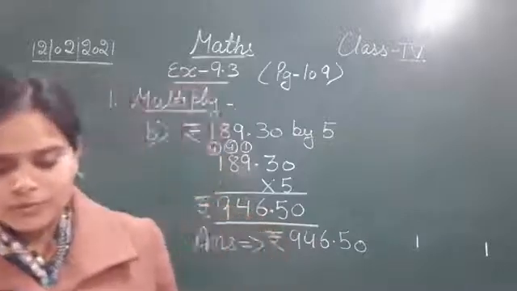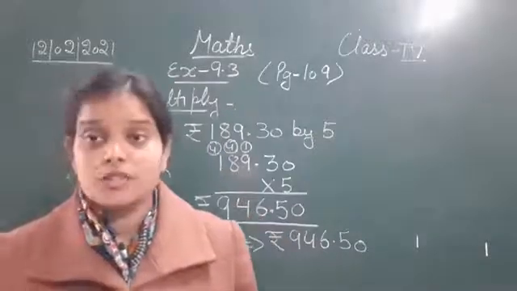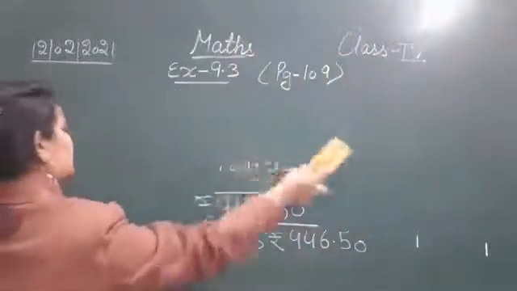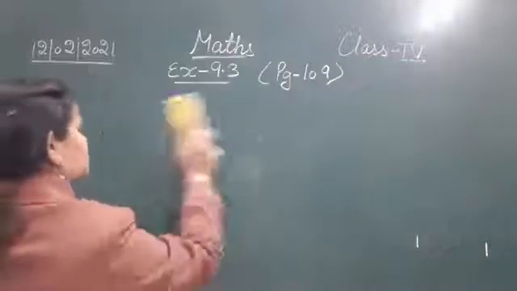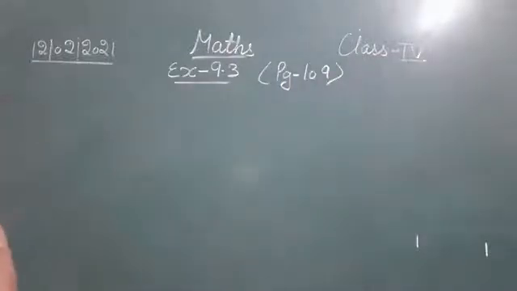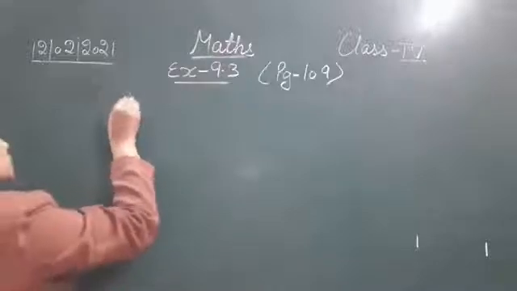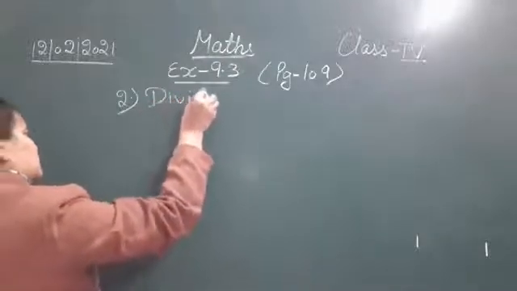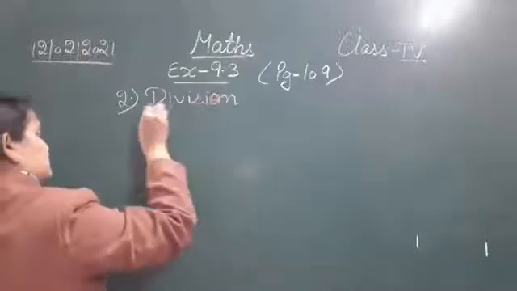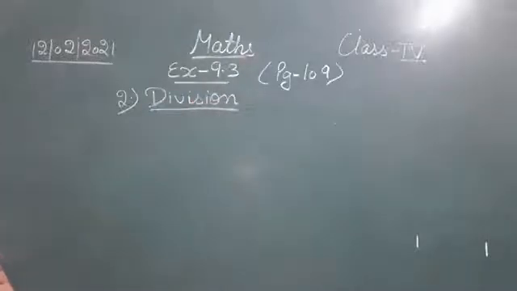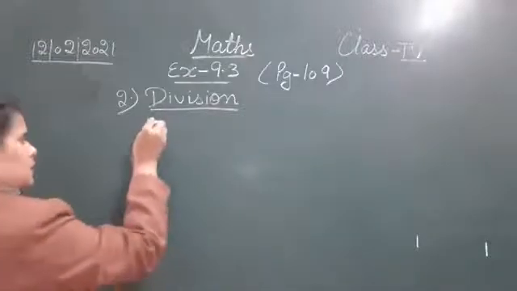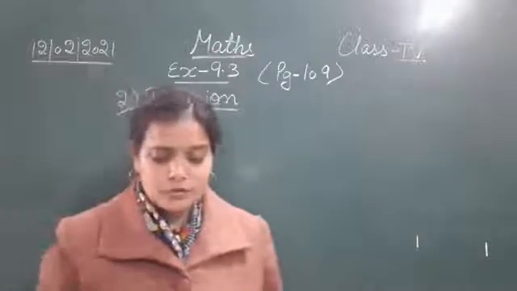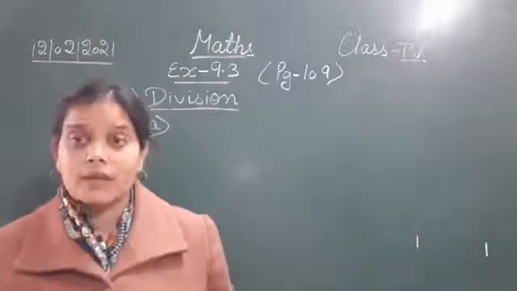Okay, now we will move to the next, that is the division. So let's do the division, that is sum number 2. Divide, A part: divide 905 rupees 95 paise by 5.